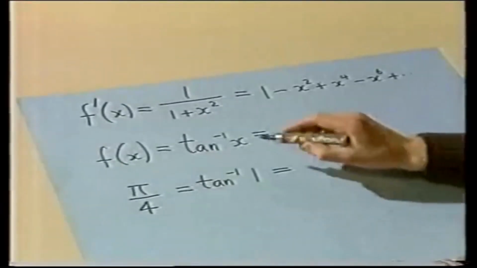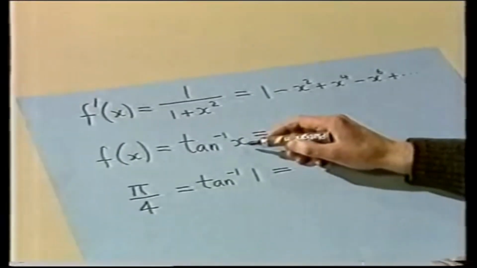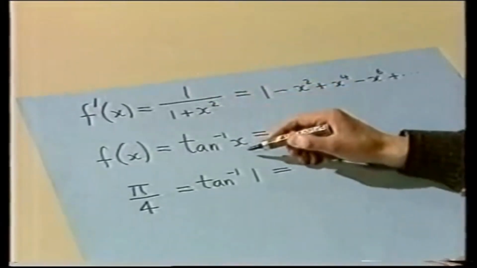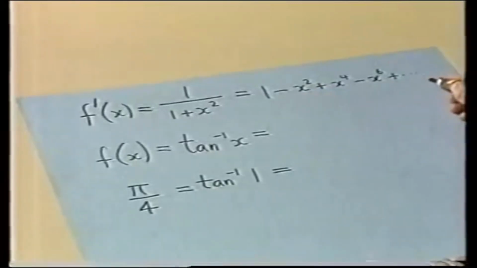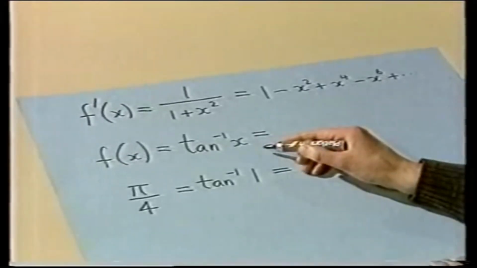Now, how does that help us to find the Taylor series for tan to the minus 1 x? Well, if we integrate the left side, we get tan to the minus 1 x. So that suggests that if we integrate this power series term by term, then the power series we get might be the Taylor series for tan to the minus 1 x.